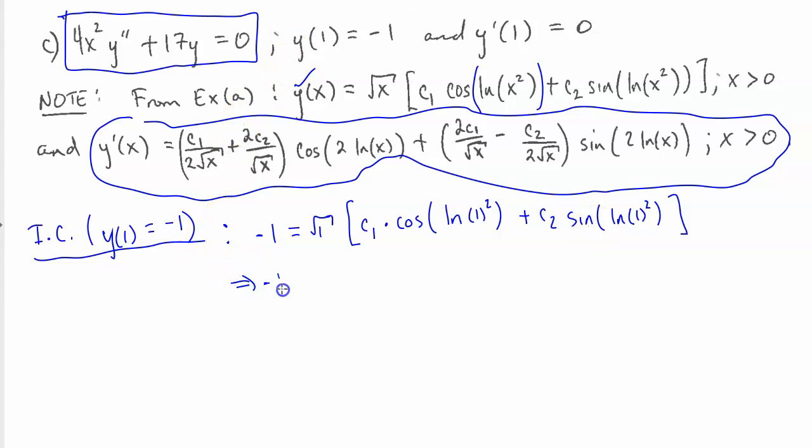Here, 1 squared is 1 and natural log of 1 is 0. So cosine of 0 is 1 and sine of 0 is 0, which makes this whole term 0.